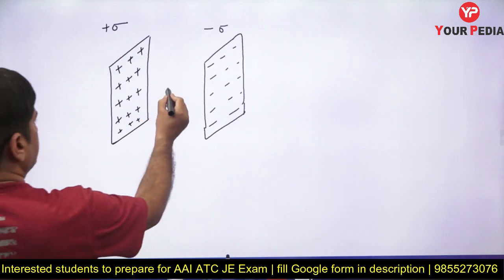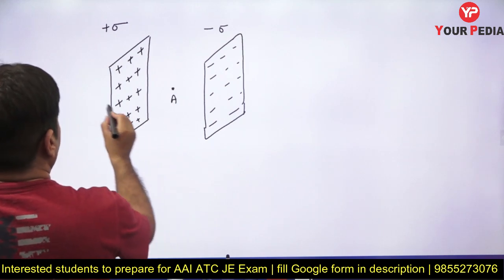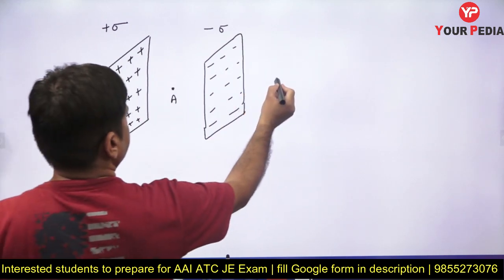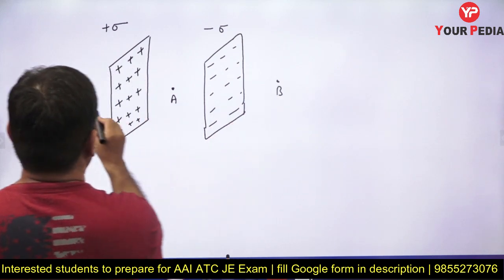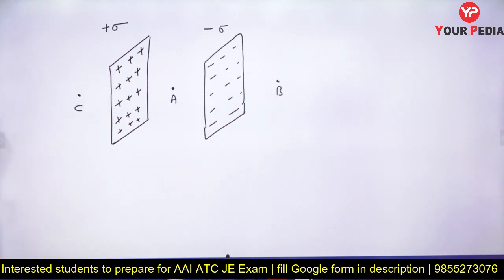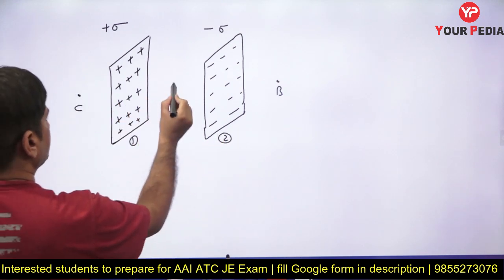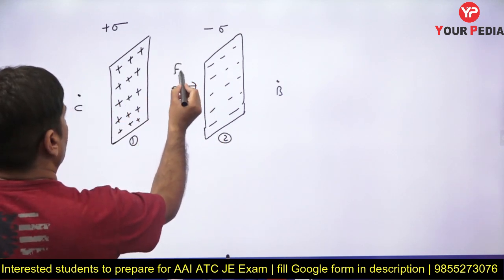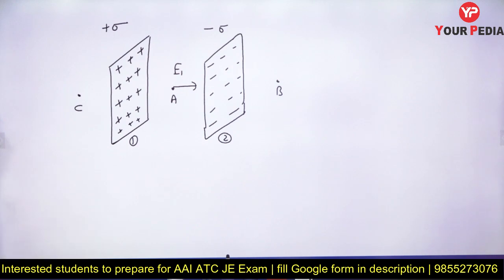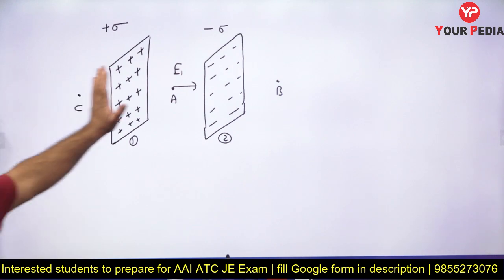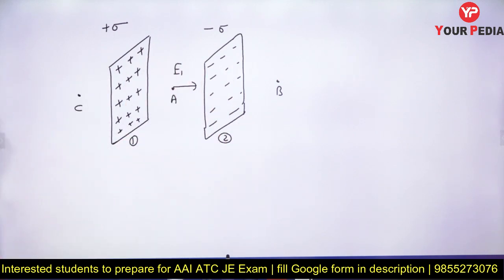There are 2 sheets of infinite size, very large size, and charge density is positive and negative. Let me give you a point A, a point B, and a point C. What will be the total electric field at A? Now you understand that it does not depend upon distance. Let us say this is sheet number 1, this is sheet number 2. Because of sheet 1, the electric field at A will be in this particular direction, away from it, because positive charge.